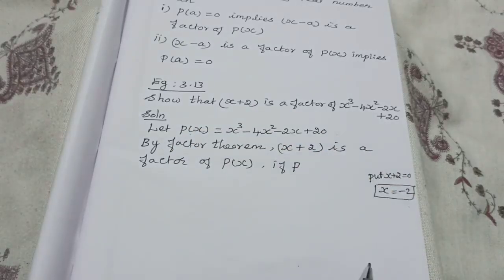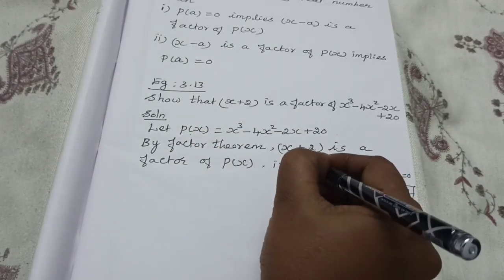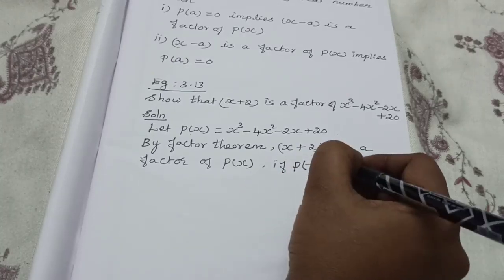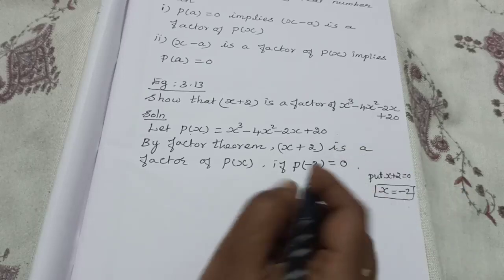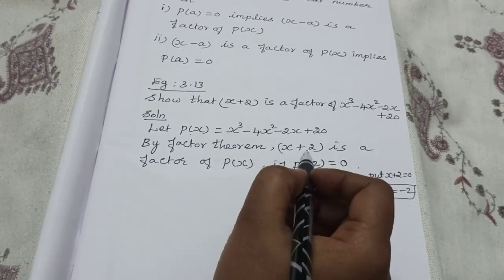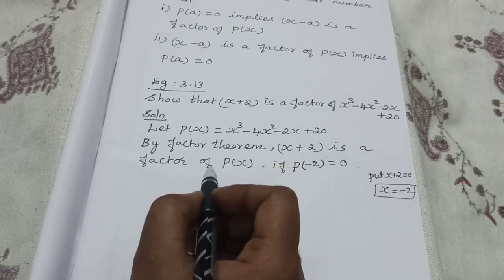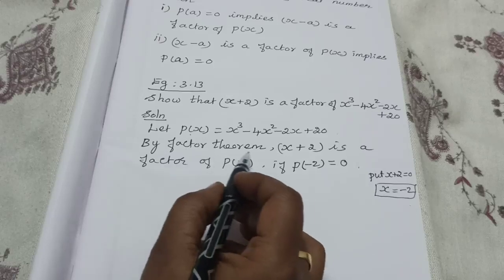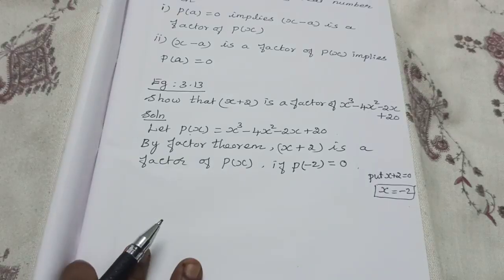That means in P of x, we substitute minus 2. If P of minus 2 equals 0, then we can say x plus 2 is the factor of P of x, by factor theorem.